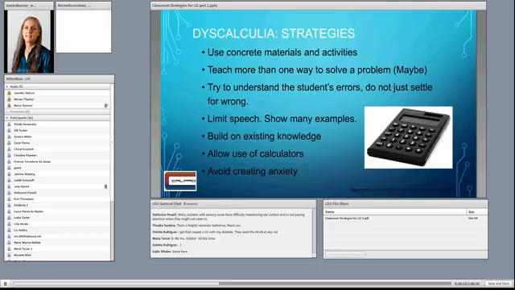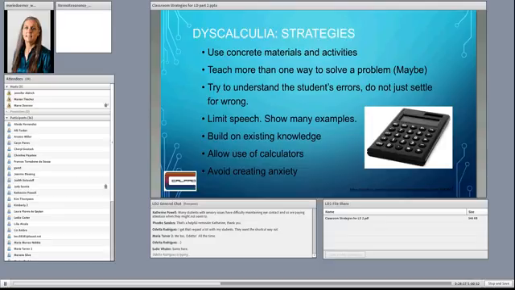Teach more than one way to solve a problem. I think another complicated thing is that the way I teach math may not be the way they learn the math, and then they get really confused between the two different methods, whereas other people really benefit a lot from having more than one way to solve a problem.